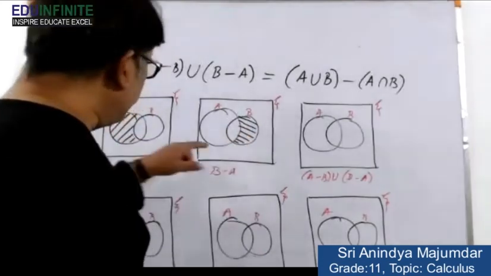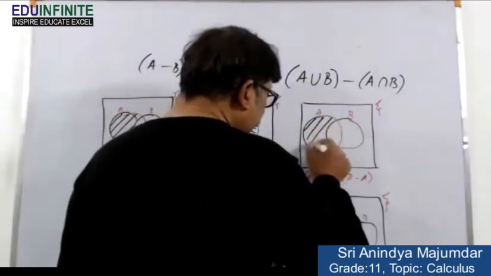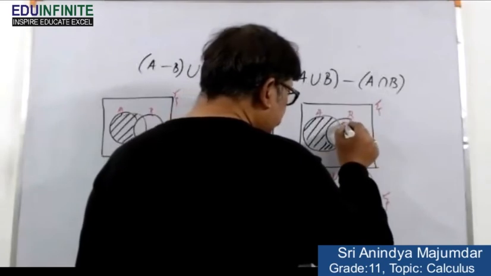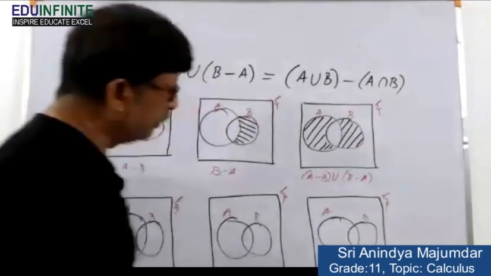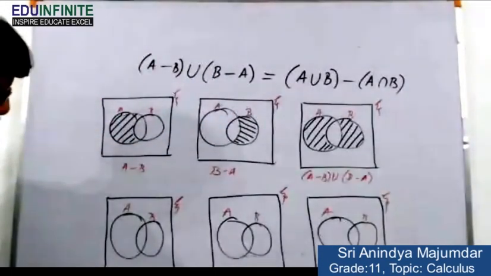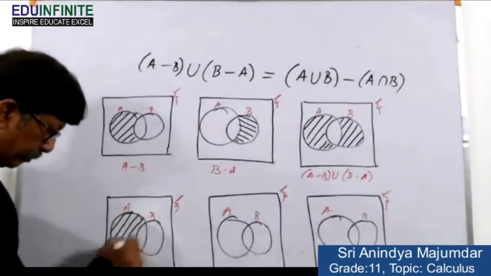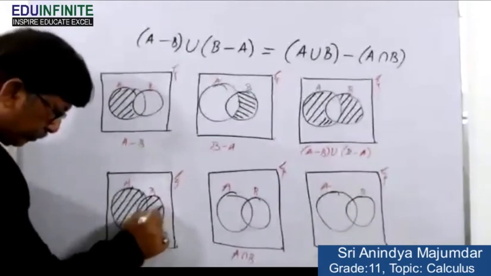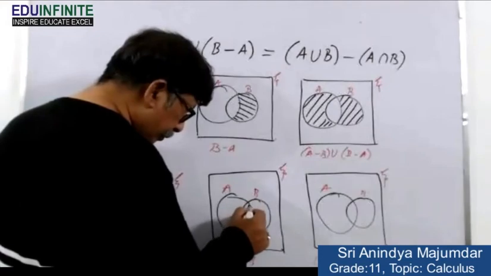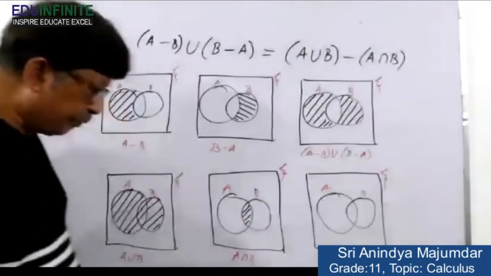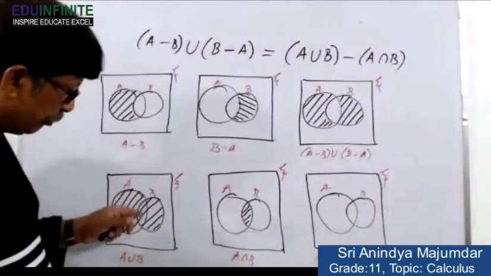If we take the union of these two, I'll be getting this and this. Fine. Then A union B: everything is there in A or B. A intersection B. Present in A union B, not in A intersection B, that is, this portion is excluded from there.